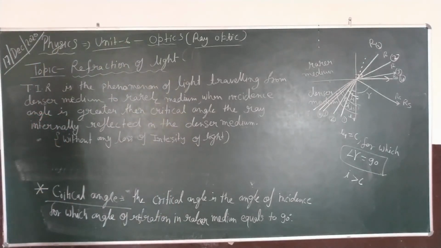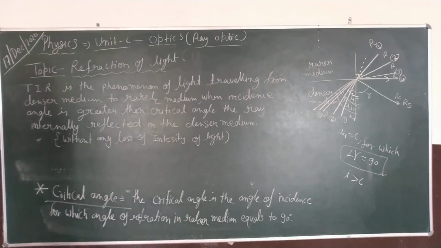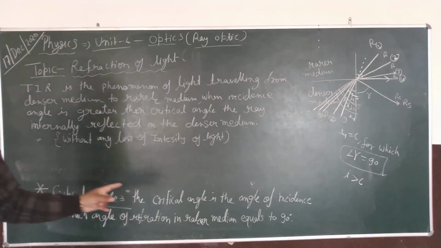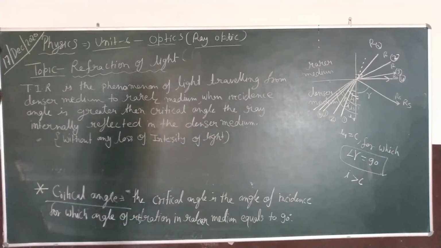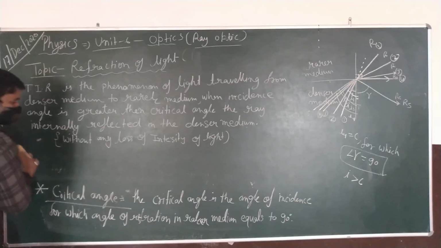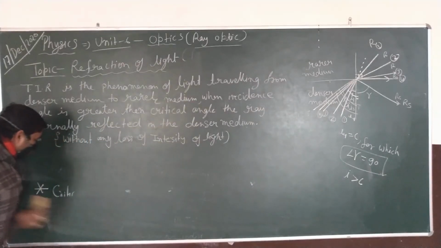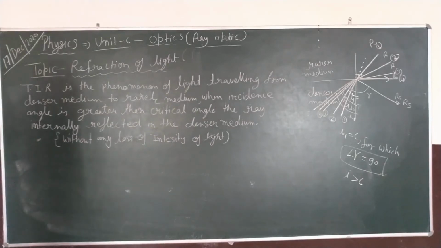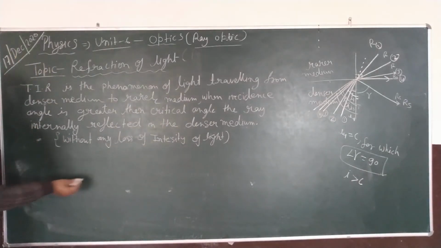Okay. Next we have the relation between the critical angle and the refractive index of the denser and rarer medium. Relation between critical angle and refractive index of the medium.